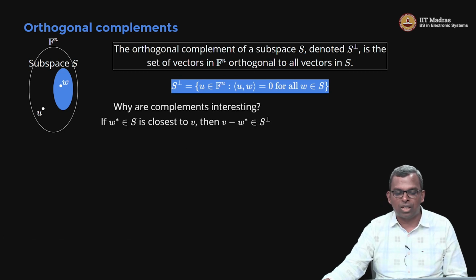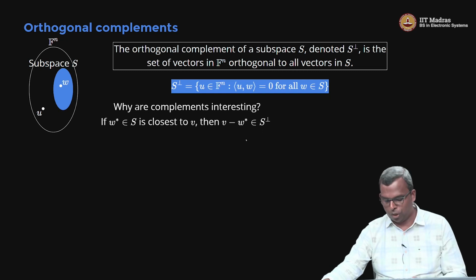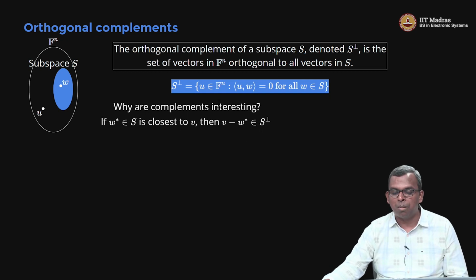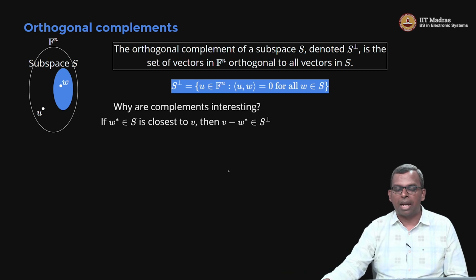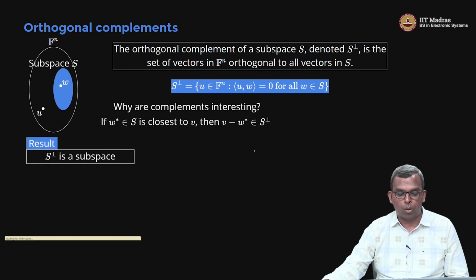Because if w star in S is closest to v, then v minus w star is in S perp. So, S perp is interesting because these v minus w star vectors have to belong to S perp, and if you understand S perp, maybe we can find something clever which is in the background of all these least squares problems. So, this is one reason.